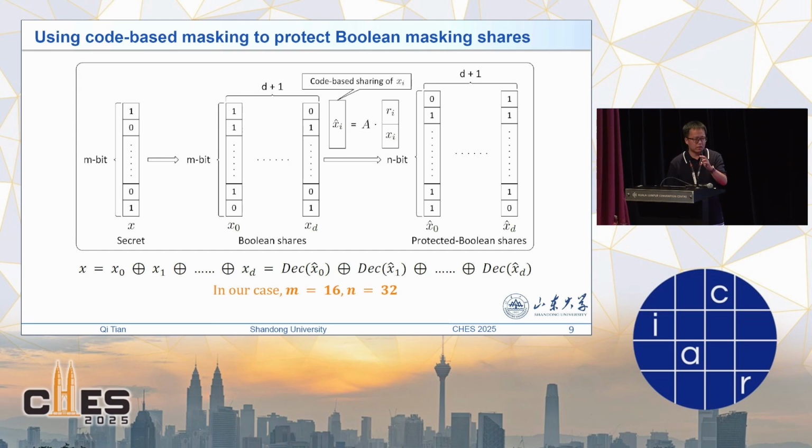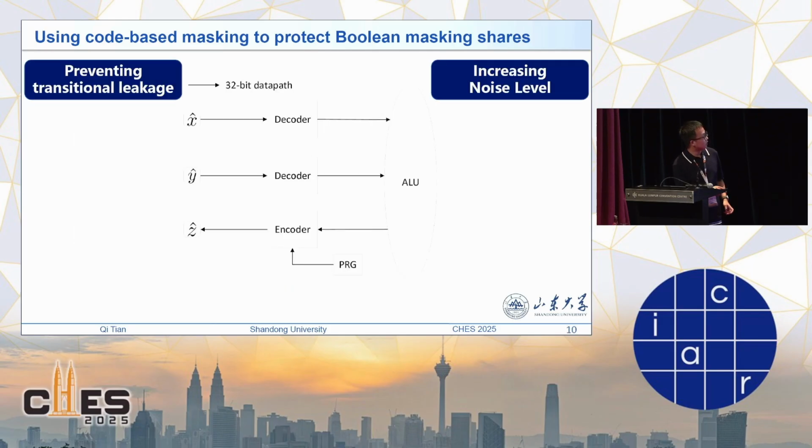And in our design, m equals 16 and n equals 32. By operating on the protected Boolean shares instead of the original shares, we can prevent transitional leakage and increase noise level.